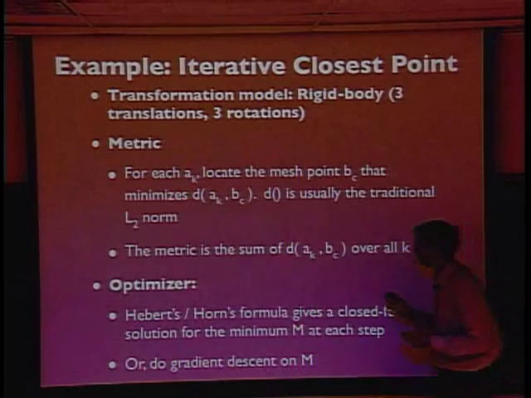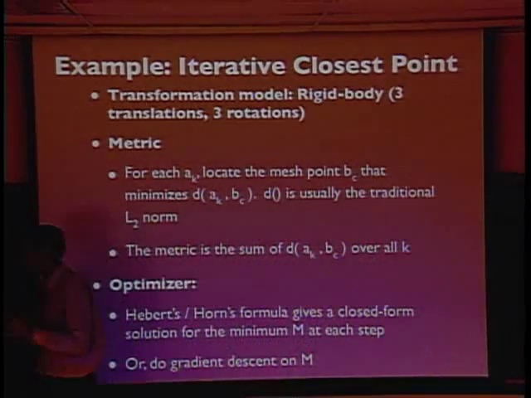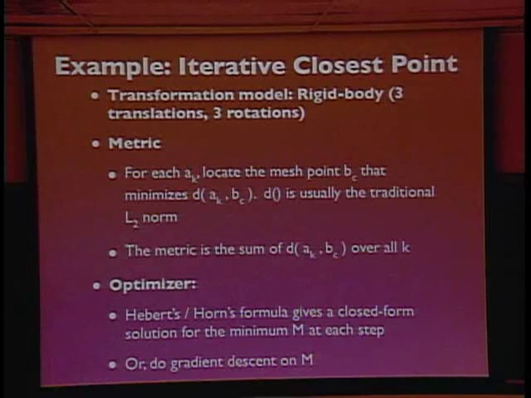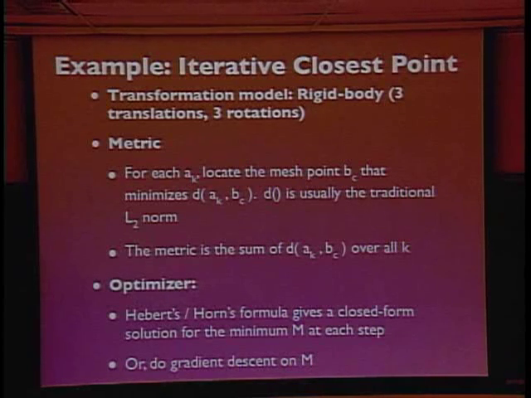And then there's a closed form solution for finding the transformation that minimizes the sum of those distances for that particular set of correspondences. So really what you're doing is taking every point on the moving mesh, assuming that it corresponds to the closest point on the fixed mesh, and then finding the transformation that minimizes the sum of squared errors between them.